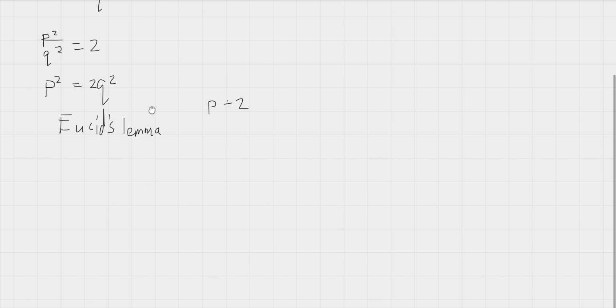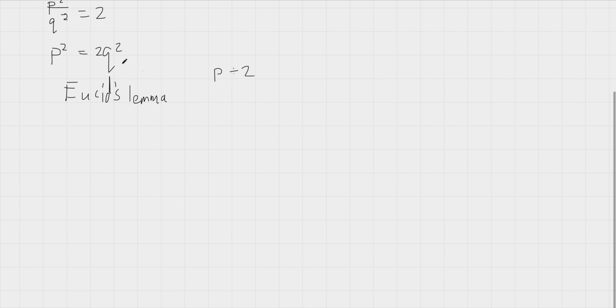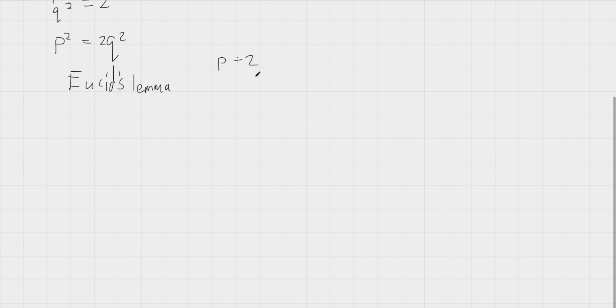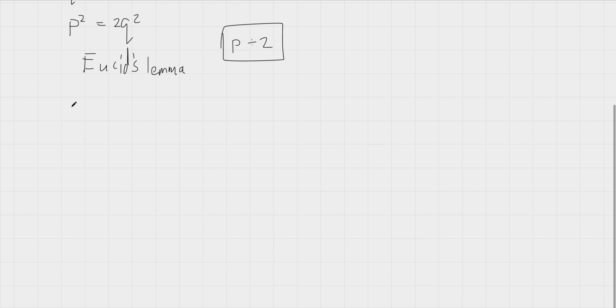The full explanation is in that other video. But basically, you know that p is divisible by 2 because it's made of 2 parts of q. So we know this: p is divisible by 2. So let's set 2k, where k is any constant. 2k is equal to p.